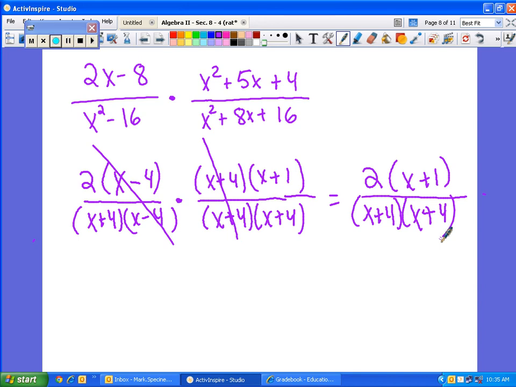And then I look at my restrictions again. Here I got what? I got negative 4, I got positive 4, and these are the same negative 4s. So my restrictions are plus and minus 4.